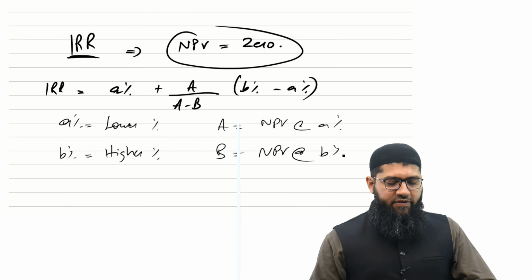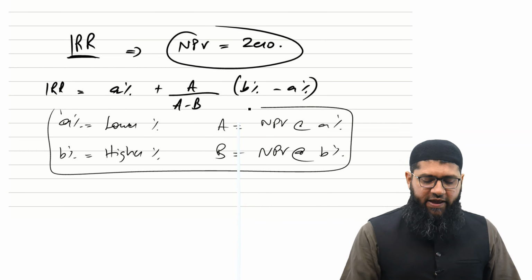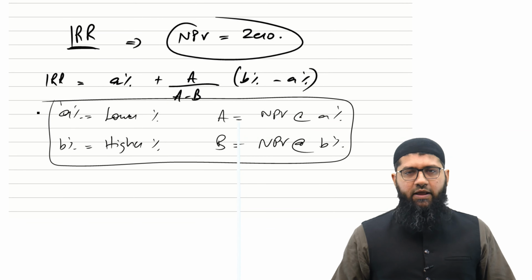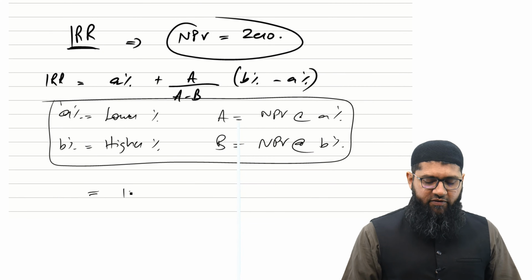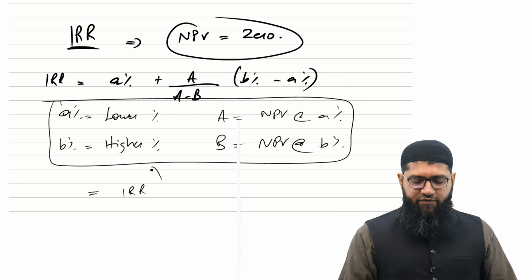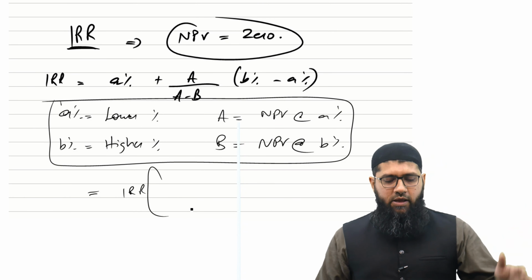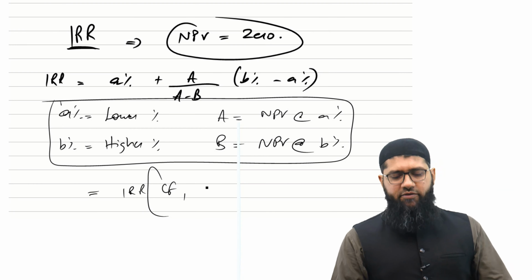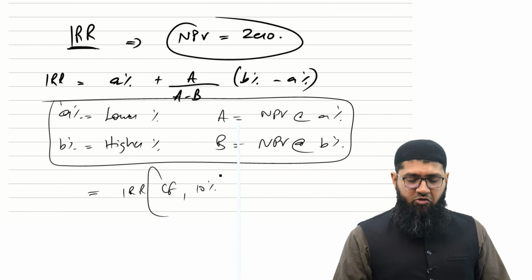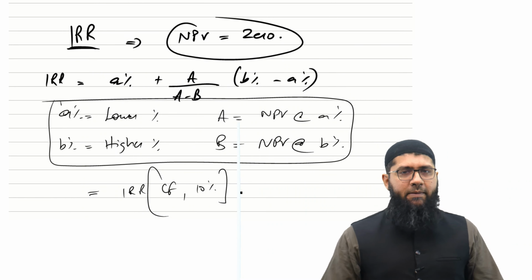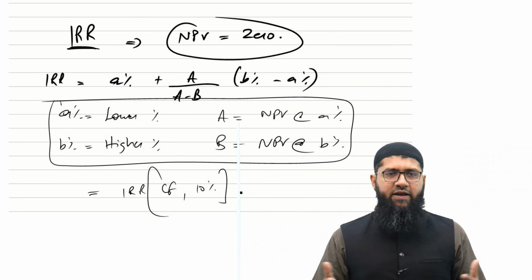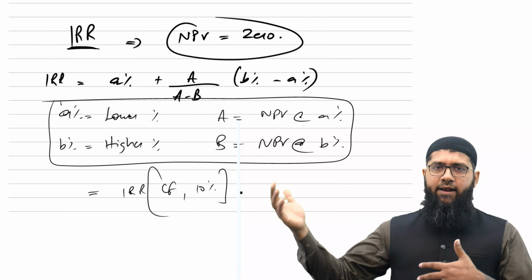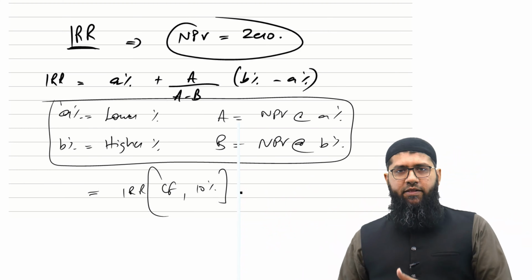Now from the perspective of the exam, what I would suggest is that you use the IRR function, which is simple. You're going to use the IRR function, open up the bracket, select all the cash flows, apply a comma, and give a general guess. Maybe it could be 10%, 12%, whatsoever, and you would end up getting the IRR. So from the perspective of the exam, you don't have to do the long calculation of one discount rate, another discount rate.